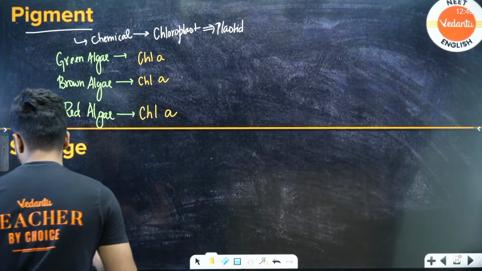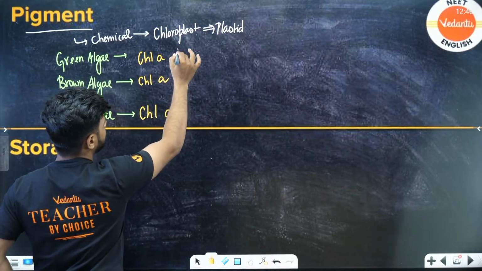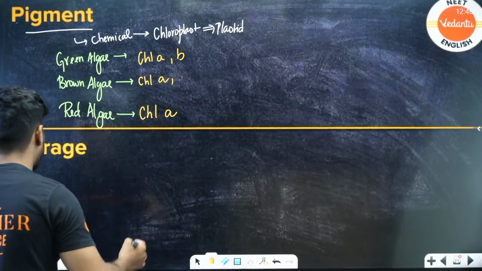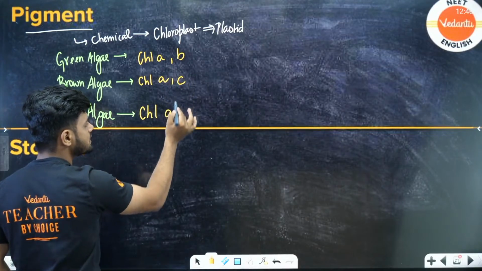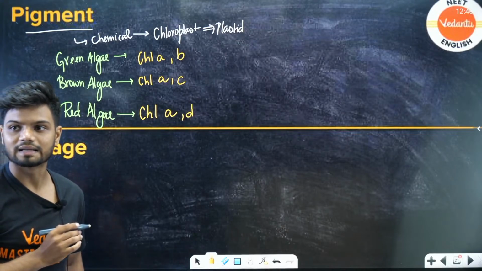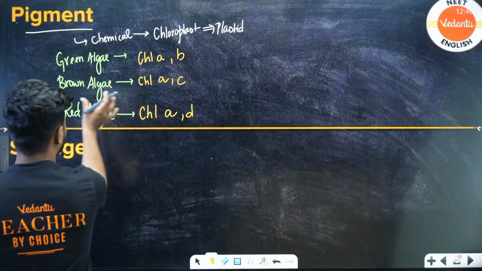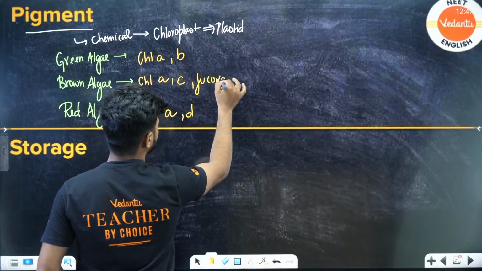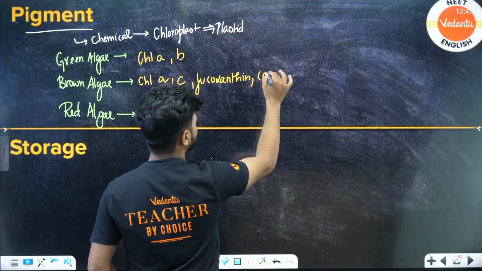Now apart from that, in the case of green algae we see chlorophyll B, chlorophyll C and chlorophyll D. Chlorophyll A is common, B, C as well as D. That is your entire pigments. Now in the case of your brown algae, we have something called fucoxanthin as well as carotenoids.